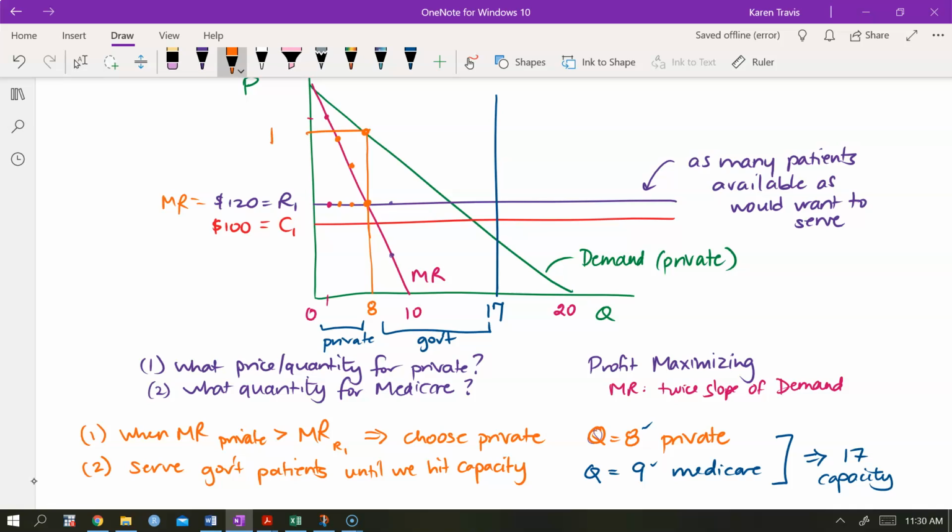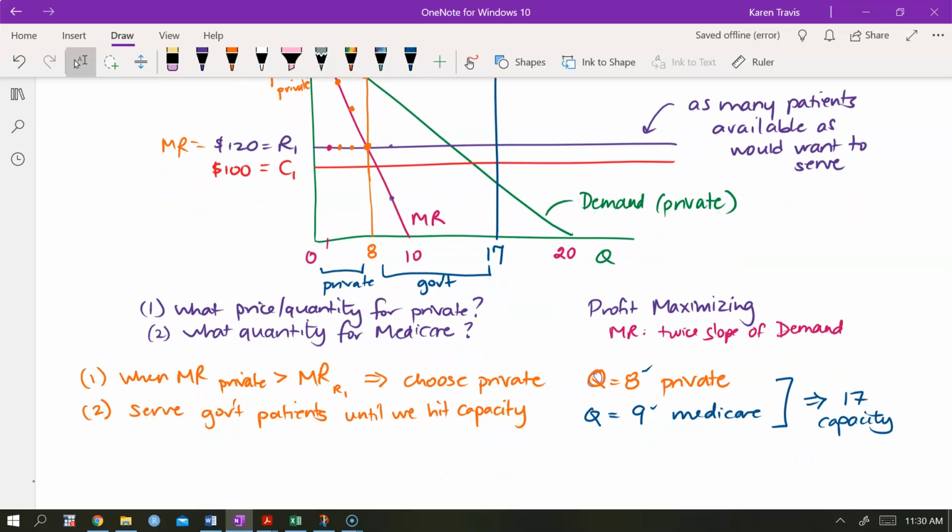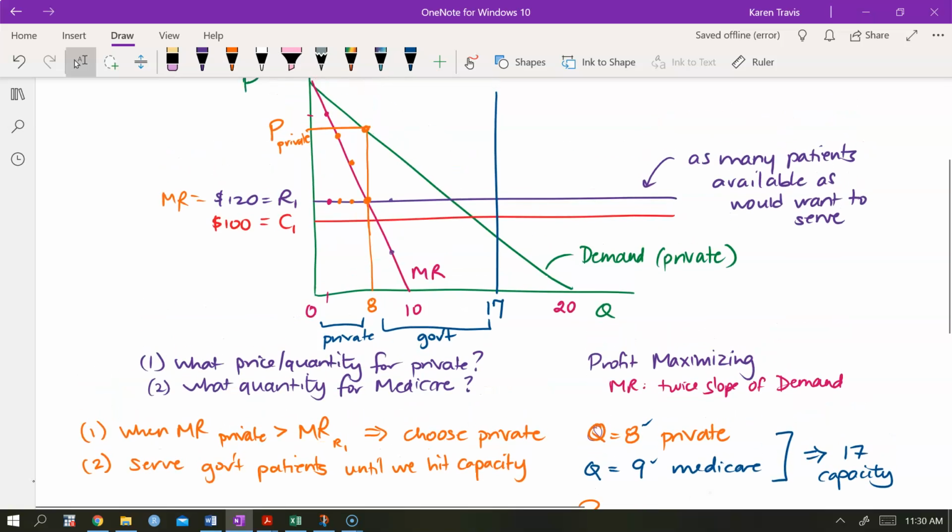So this is price private, whatever it may be. Price private is, as we can see, higher than the Medicare price, but the Medicare price has affected how many places we're going to give to the private market.